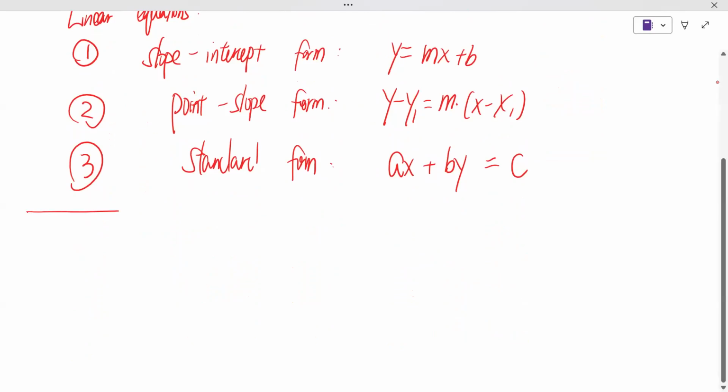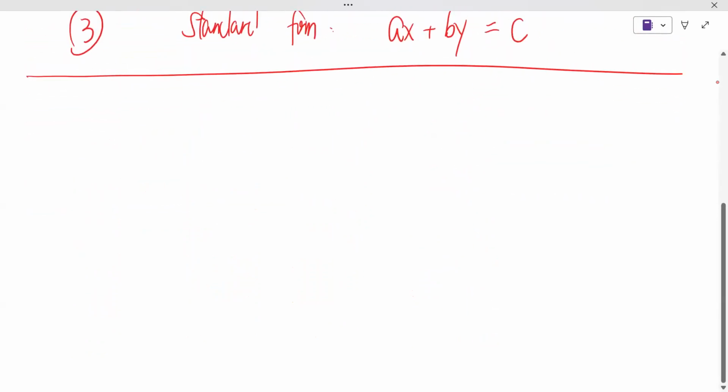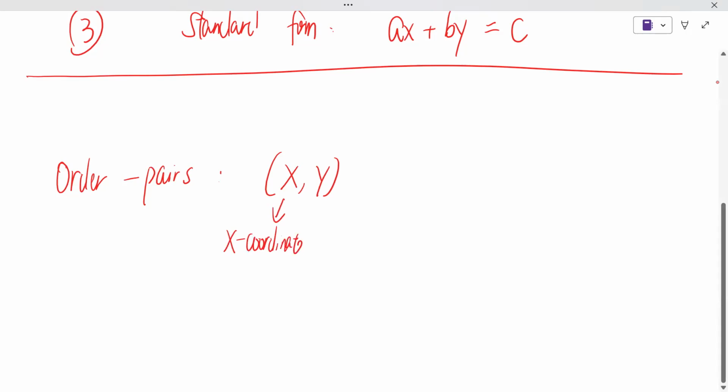But before we get to those, let's start with the basic elements. All of these start with ordered pairs, meaning the general form of an ordered pair is (x, y). x means the x-coordinate, and y here means the y-coordinate.